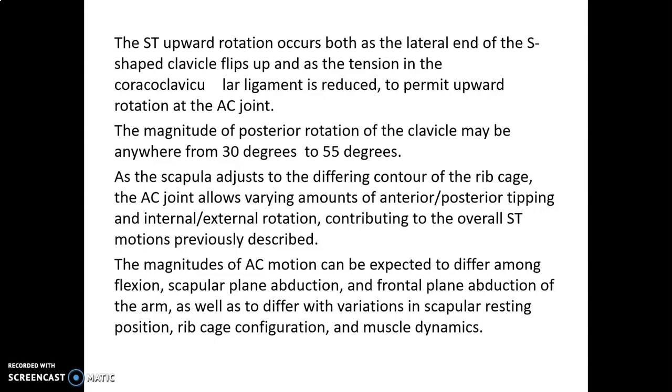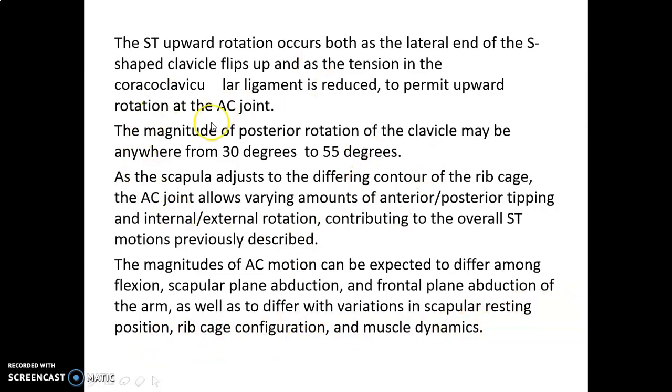Also, as studied earlier, the magnitude of acromioclavicular joint motion can be expected to differ among flexion, scapular plane abduction, and frontal plane abduction of the arm, as well as with variations in scapular resting position, rib cage configuration, and muscle dynamics.